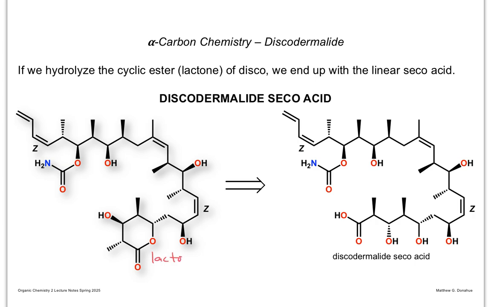It's called a lactone. That's a cyclic ester. If we cleave this bond, that's going to get us a carboxylic acid and an alcohol. So that operation produces what's called a seco acid. It's just the straight chain form of a lactone.